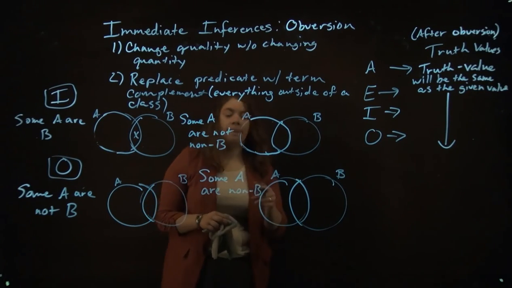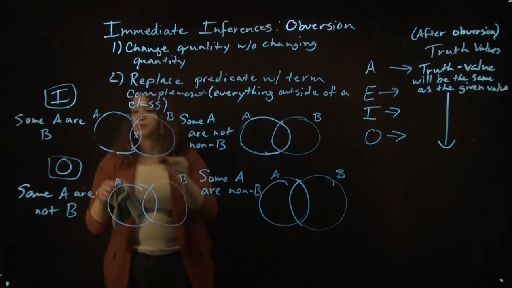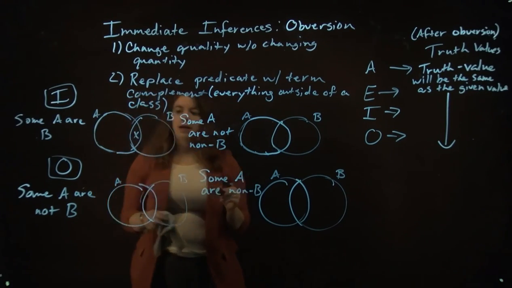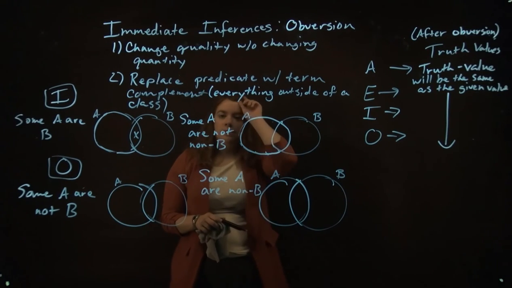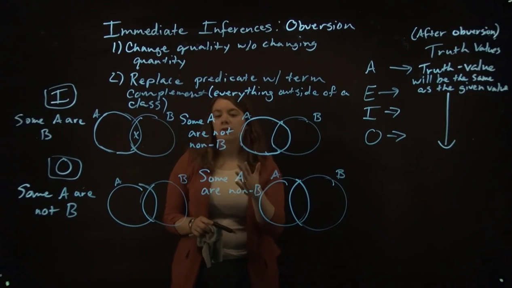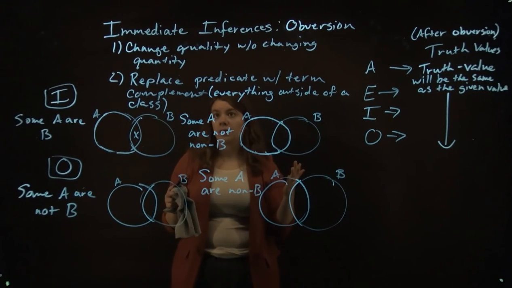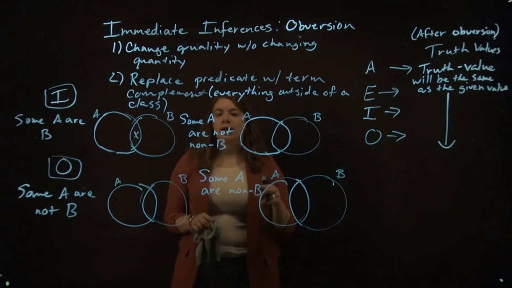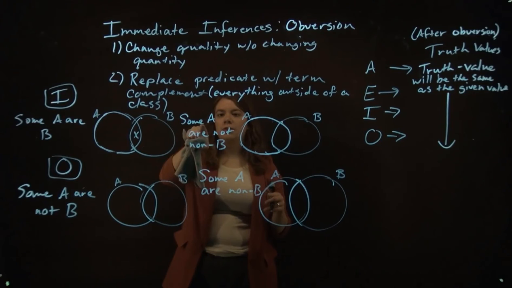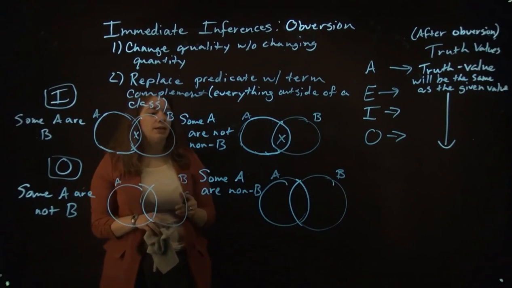All right. So again, if we go back here to our I statement, it's the same idea. If you're saying, for instance, some cats are white animals, then some cats are not non-white animals. You're basically putting the X in the Venn diagram here.